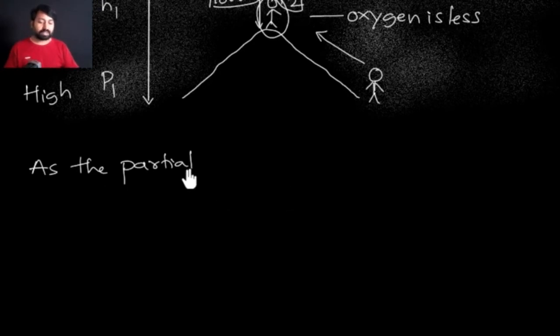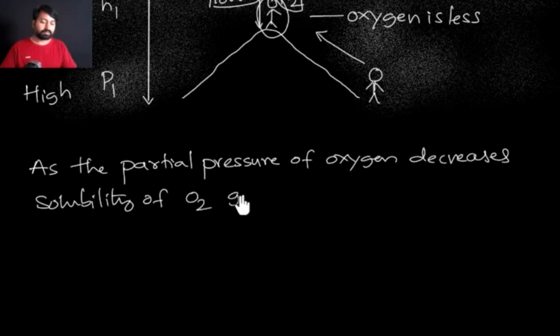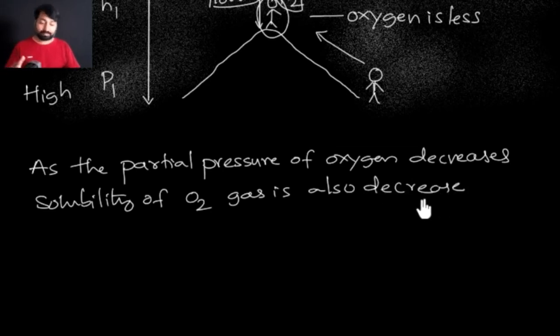As the partial pressure of oxygen decreases, the solubility of O2 gas also decreases. This is one of the applications we can see from Henry's law.